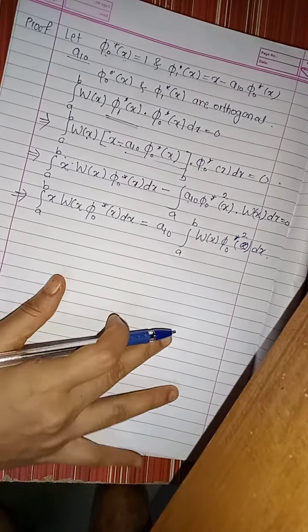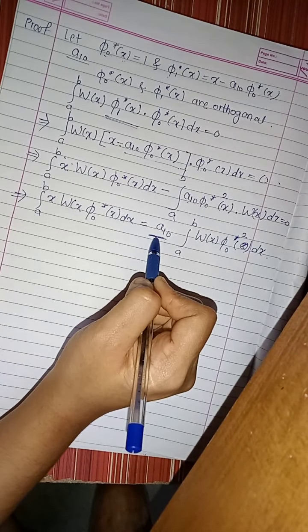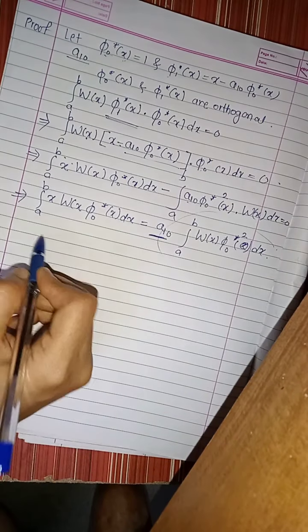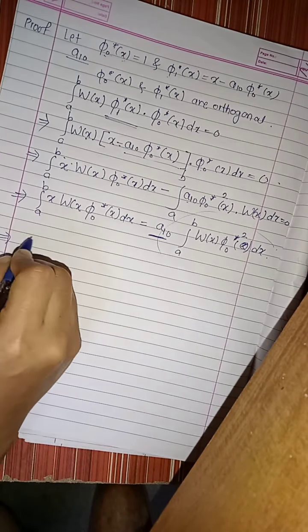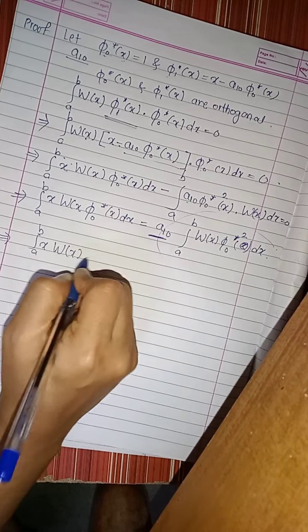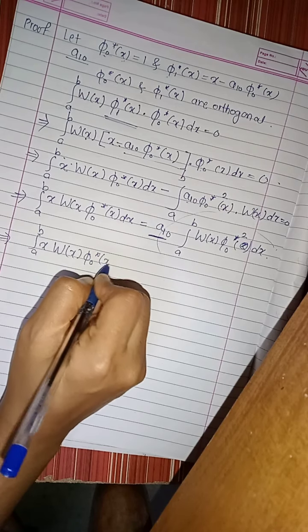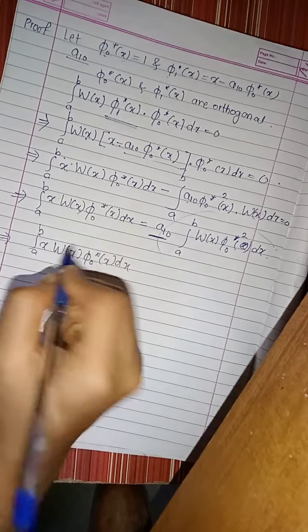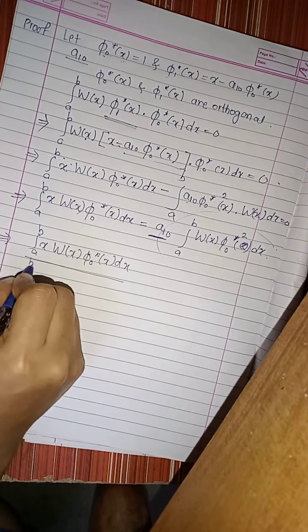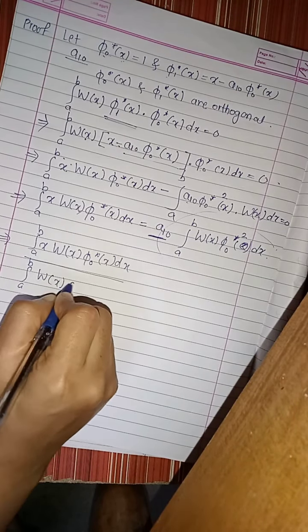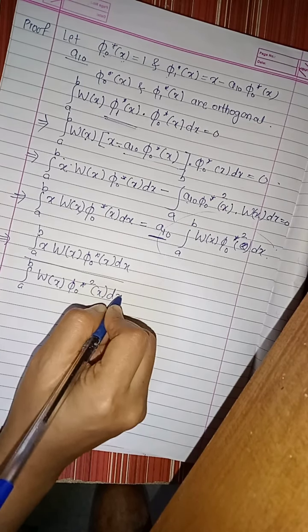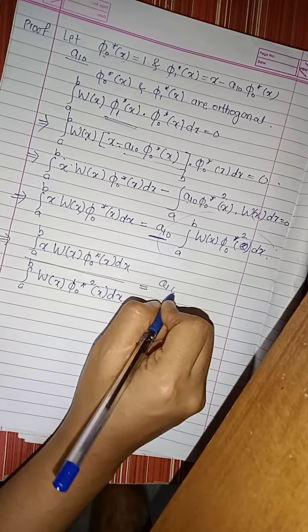Now we need to find this value of a10, so we'll take this entire integration term to the left hand side, so we'll get ∫ from a to b of x w(x) φ0*(x) dx upon this integral, ∫ from a to b of w(x) φ0*²(x) dx, which is equal to a10.